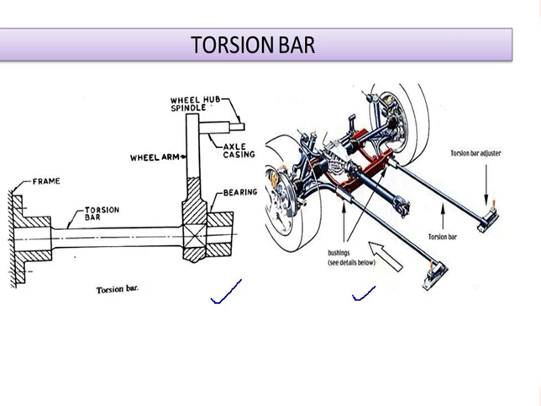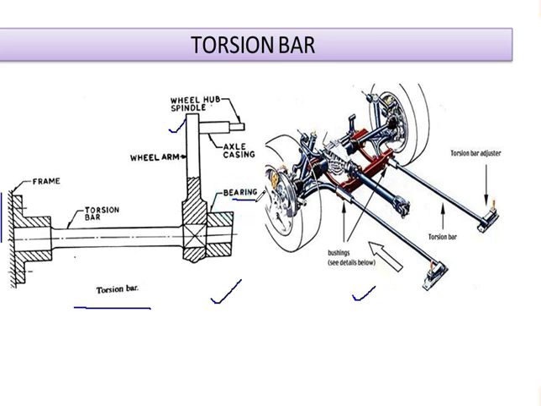A diagrammatic sketch of torsion bar suspension is given in this figure. As shown in this figure, the bar is fixed to one end of the frame, while the other end is fixed to the end of the wheel arm and supported in the bearing.